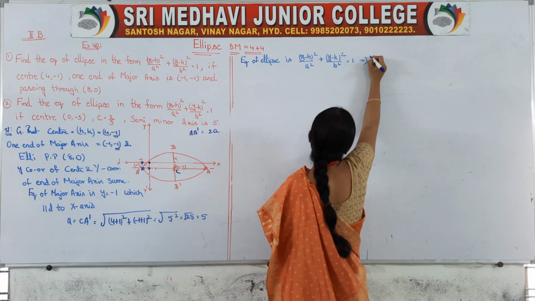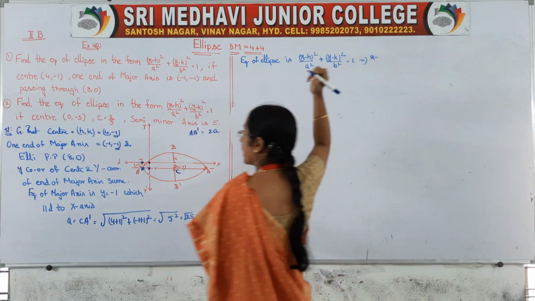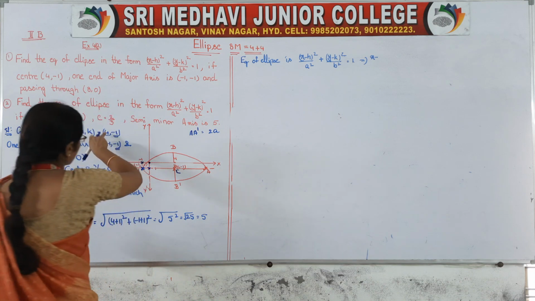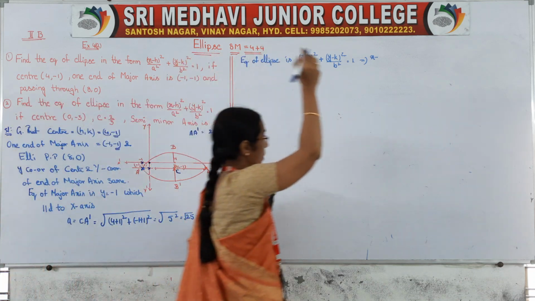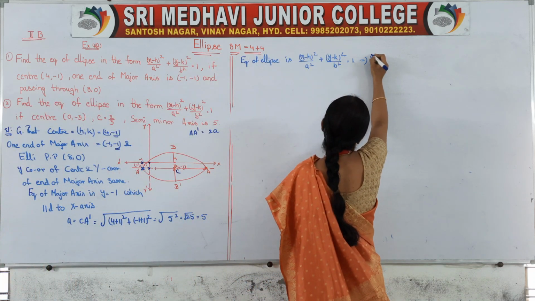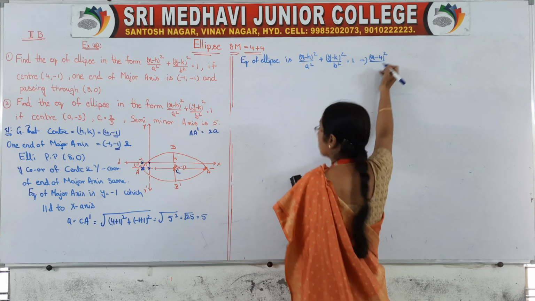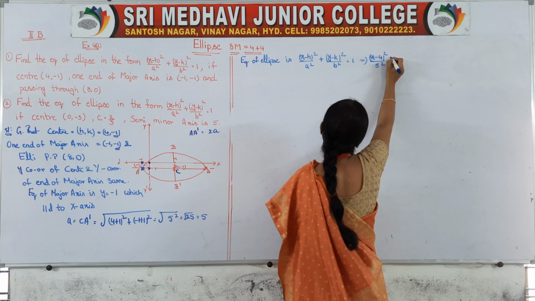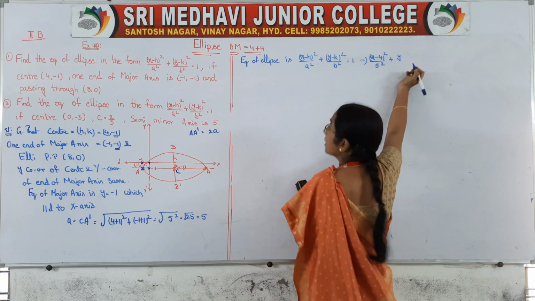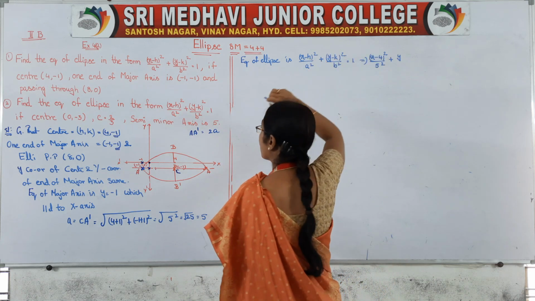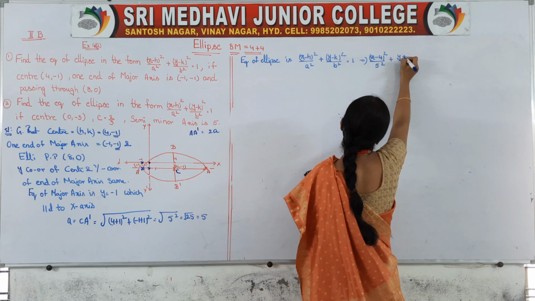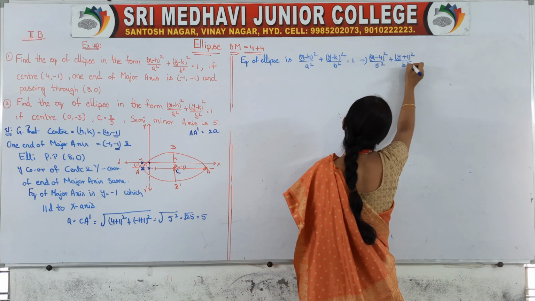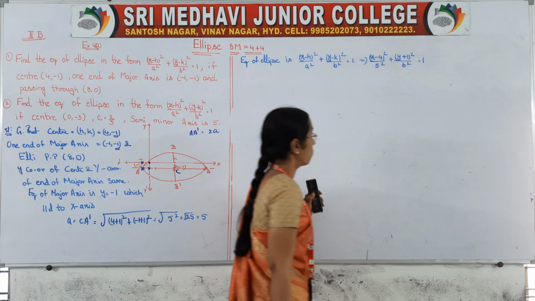In h place, here it is 4, and in k place, minus 1. So x minus 4 whole square by 5 square, as we got a as 5, plus y, and what is the value of k? Minus 1. Minus of minus, plus 1 whole square by b square is equal to 1.